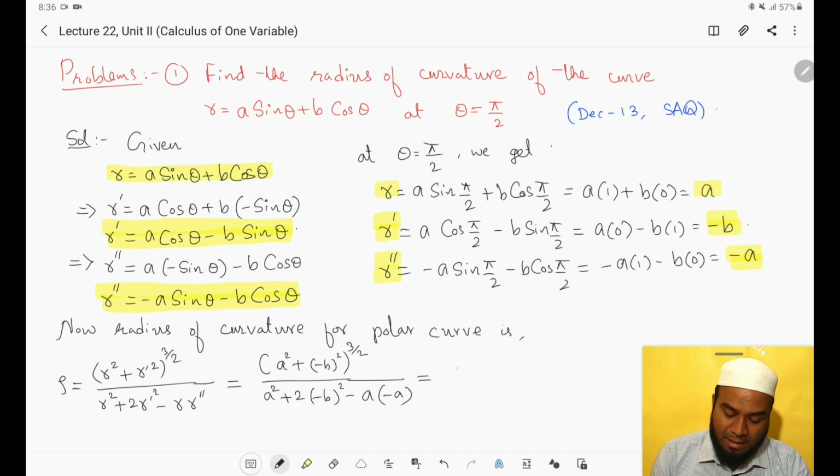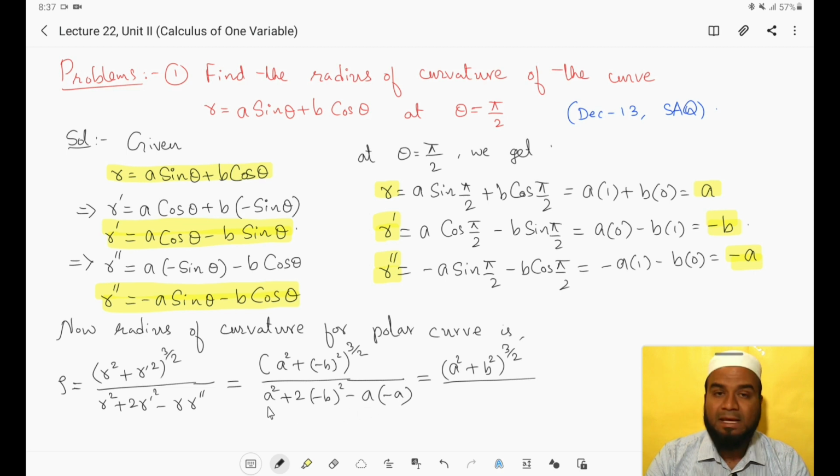So let us simplify this. What will happen? a square plus minus b whole square is nothing but b square, whole power 3 by 2. This is divided by, see here, minus a, minus a is there. So minus a into minus a is plus a square. Already one a square is there.